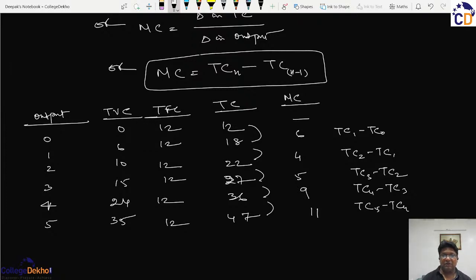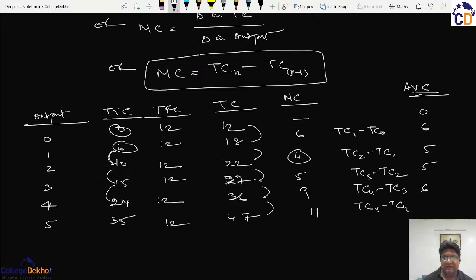So if you see that if I calculate the average variable cost, which was 0 here, which was 6 here, this was 5, but this incremental cost is 4. Now if I calculate this, it was 5 here, it was 6 here, and it was 7 here.